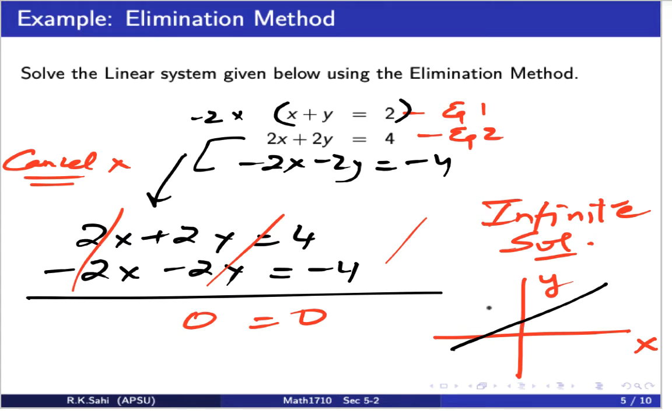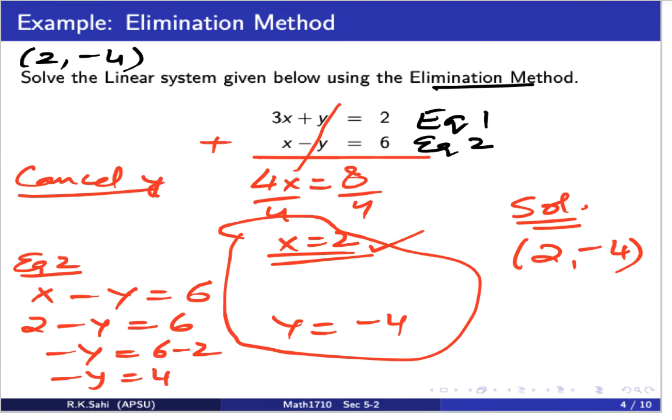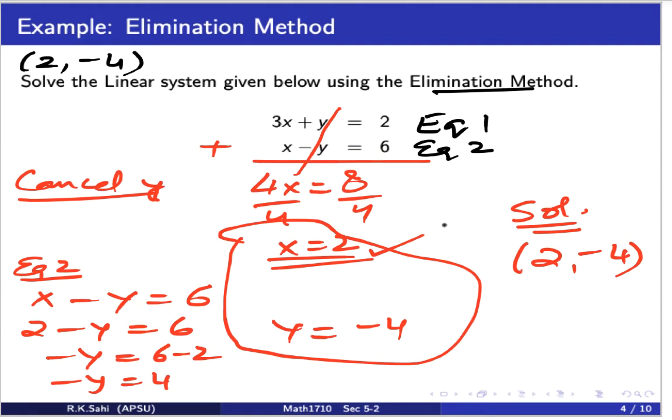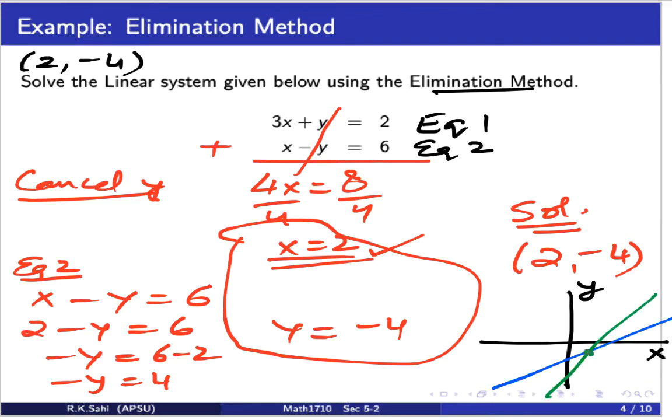Now recollect one more thing: when we talked about solutions of a linear system, we would either have a unique solution, and a unique solution, I forgot to show you here. In a unique solution, remember, what does that mean? That these two equations will basically meet at a point.